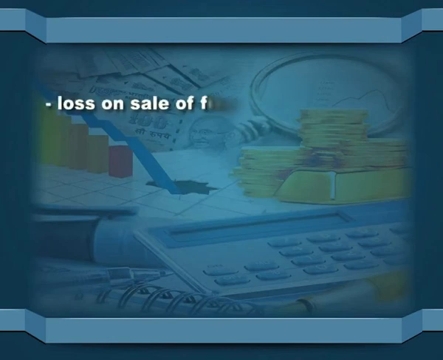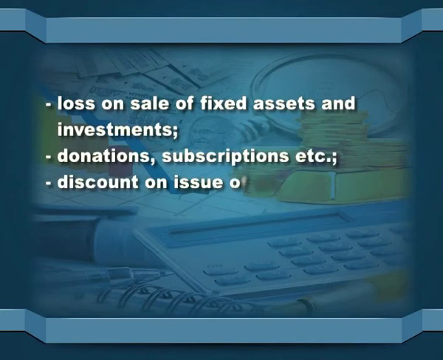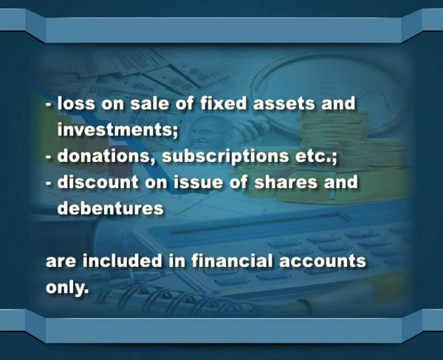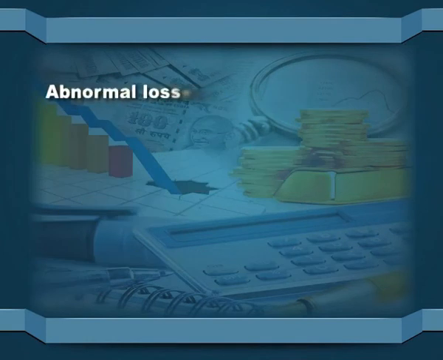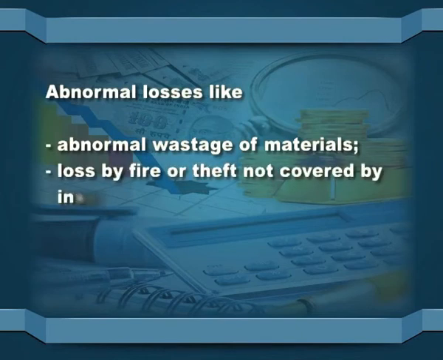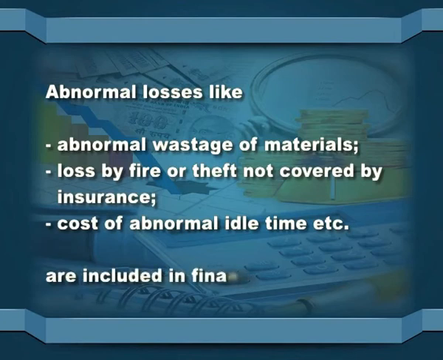Loss on sale of fixed assets and investments, donations, subscriptions, and so on. Discount on issue of shares and debentures are included in financial accounts only. Similarly, abnormal losses like abnormal wastage of materials, loss by fire or theft not covered by insurance, cost of abnormal idle time, etc. are included in financial accounts.